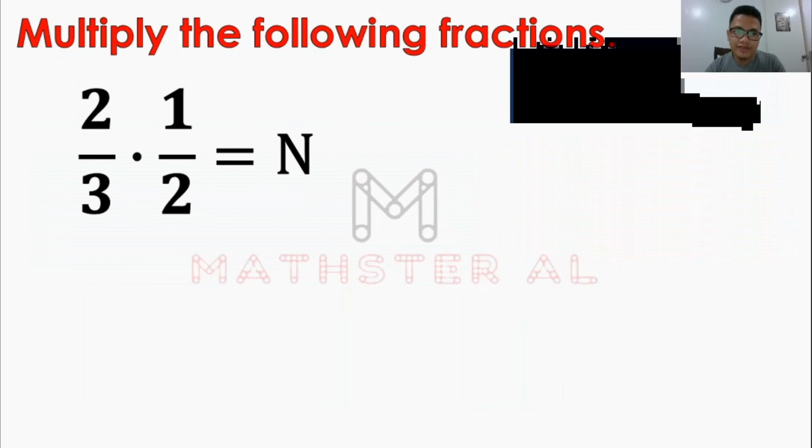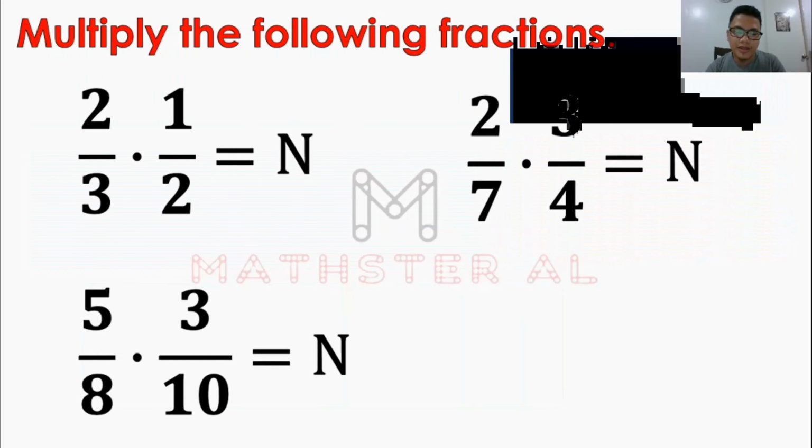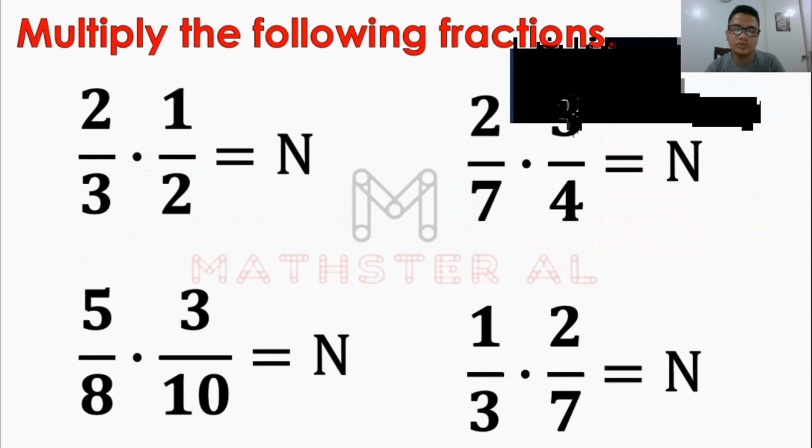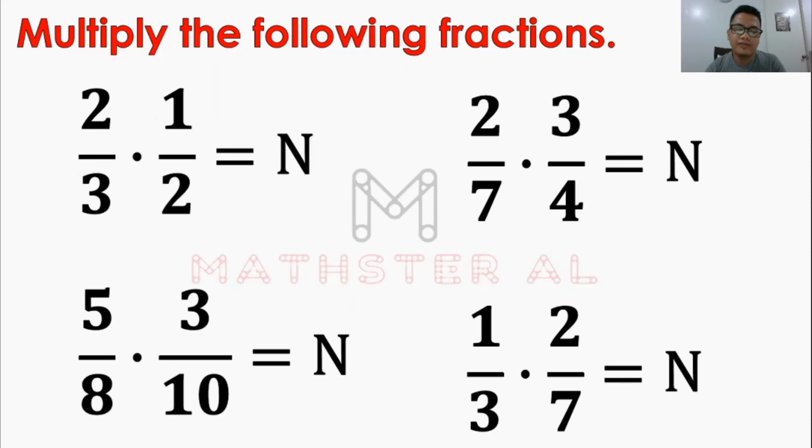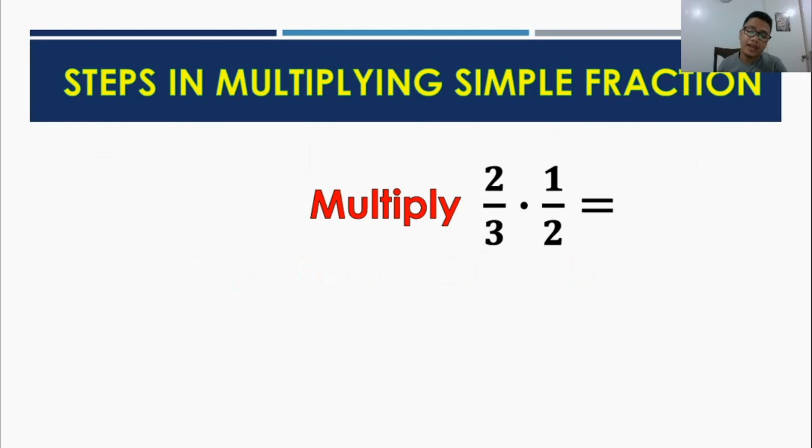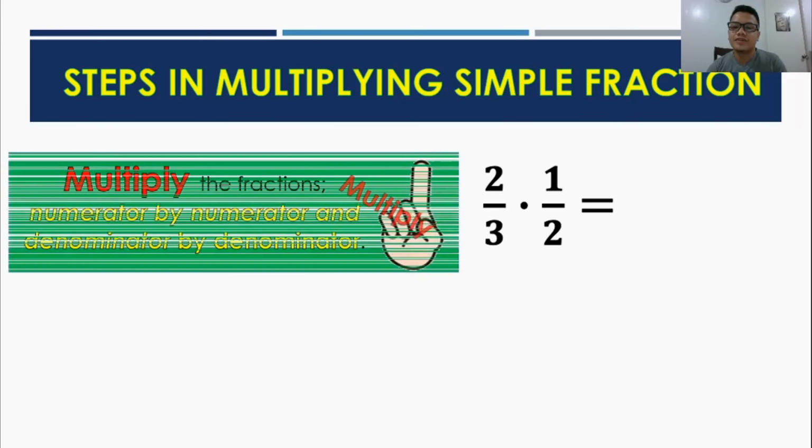So let's use the following examples to show you how to do multiplying of simple fractions. So let's start with this one. Multiply 2/3 and 1/2. As you can see, we are not using anymore the X symbol as an operation. Instead, this time we use the dot. Okay, so let's start.